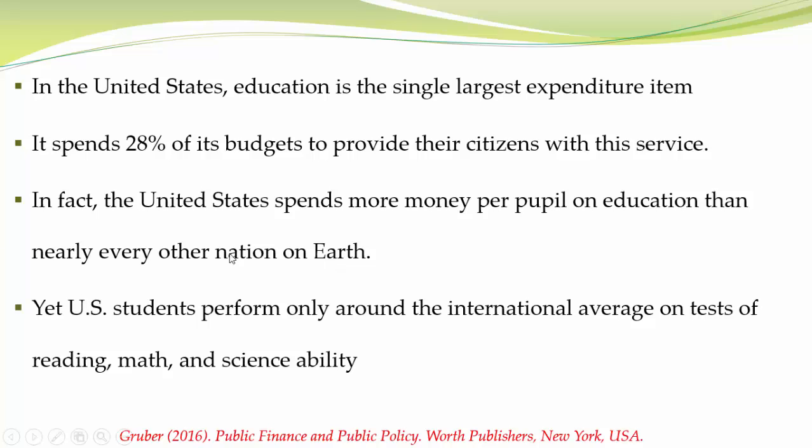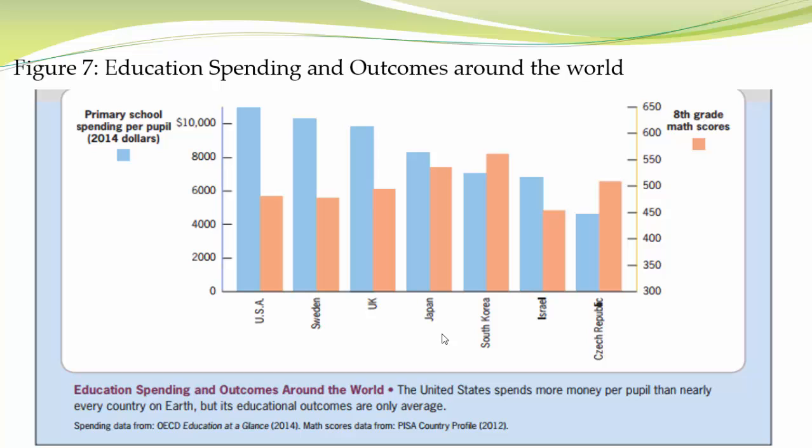In the world, the US is the country which spends the highest amount of money per student. Yet US students perform only around the international average on tests of reading, math and science ability. Here is a comparison.